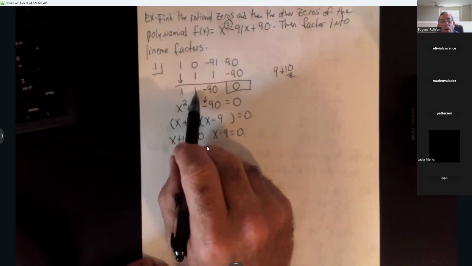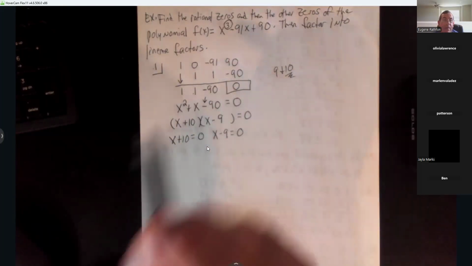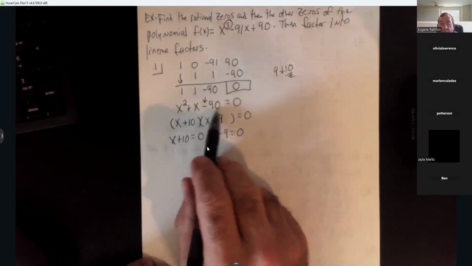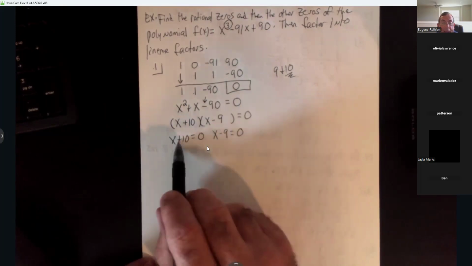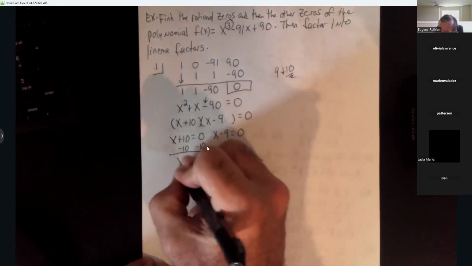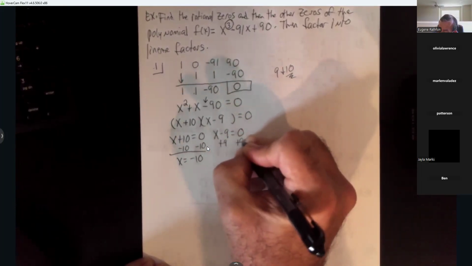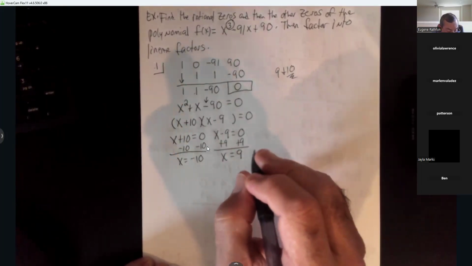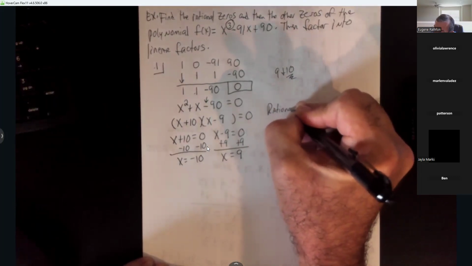So it's a little more work when that middle number is not a 0, okay? Because if that was 0, I'd have done my square root stuff and been done. But that was an actual trinomial, so I had to factor that. And now to solve these, I subtract 10, and then here I'll add 9. So it'll say rational zeros.